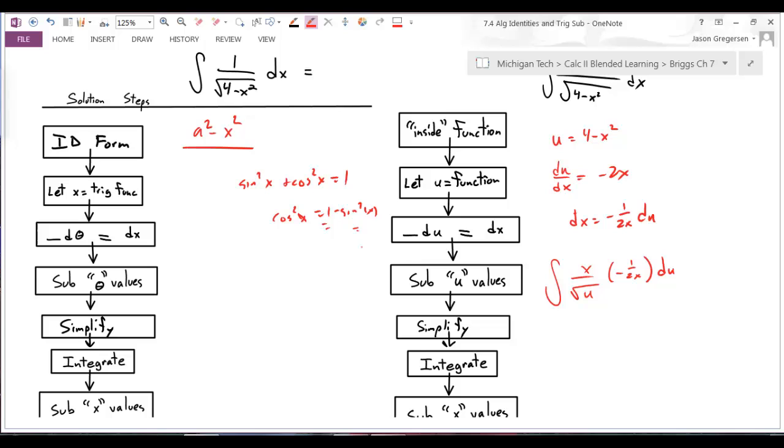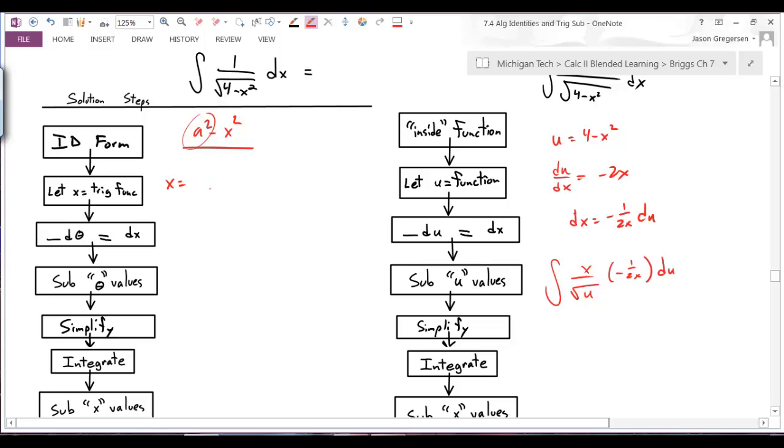Now in this case, that a squared is related to this thing. If I multiply this thing all the way through, okay, this is my a squared piece. And it's the 1 there. So my substitution is going to be x equals a sine of theta, because I'm going to square it in a little bit.